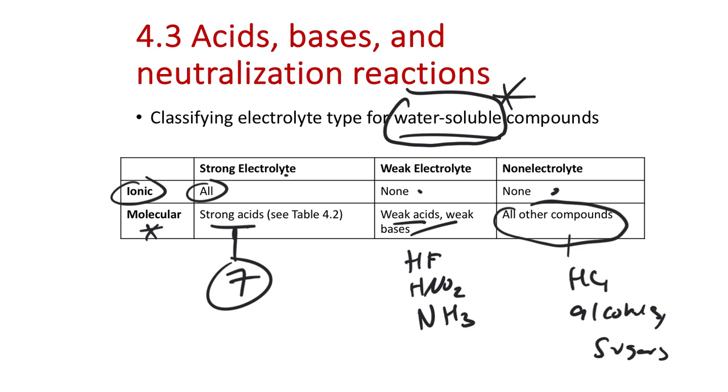Now, you may be wondering, where are the strong bases? If you look at this thing here, I don't see strong base here. This includes the strong bases. The strong bases, like KOH, calcium hydroxide, barium hydroxide, those are ionic compounds. So the strong bases are already considered to be ionic compounds that, of course, are water-soluble strong electrolytes.